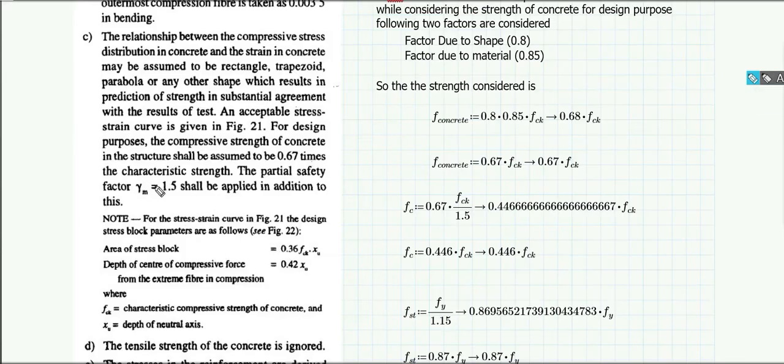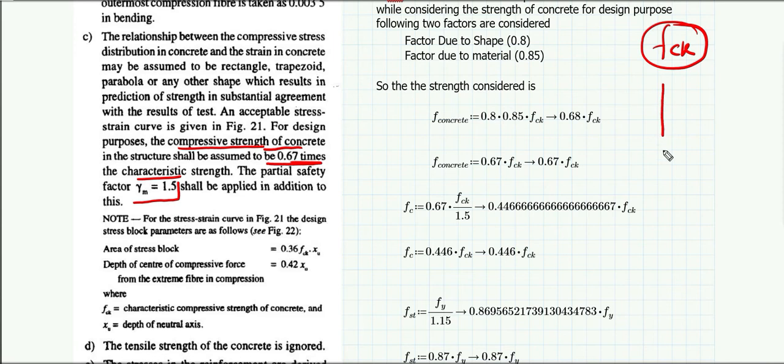This particular clause also says that the design strength, this one, is assumed that the compressive strength of concrete is 0.67 times the characteristic strength. The characteristic compressive strength of concrete is FCK, we already know that, but for this particular stress diagram, the maximum stress, the FC value, is taken as 0.67 times FCK.